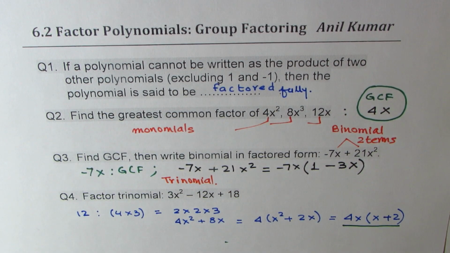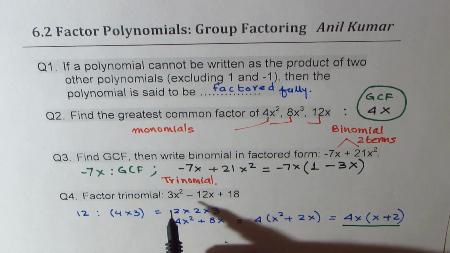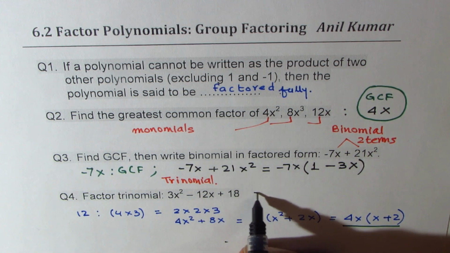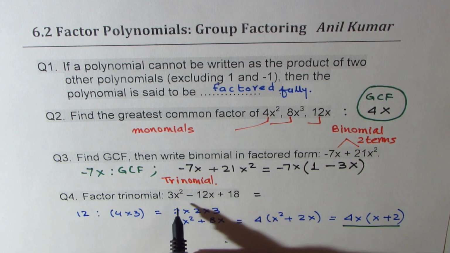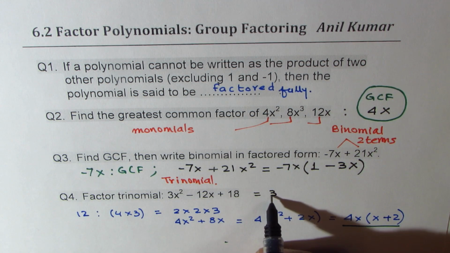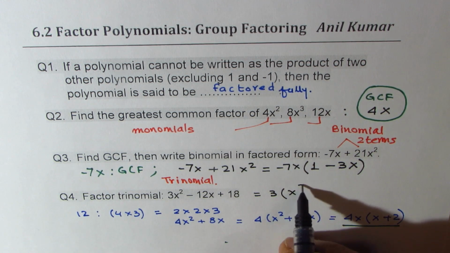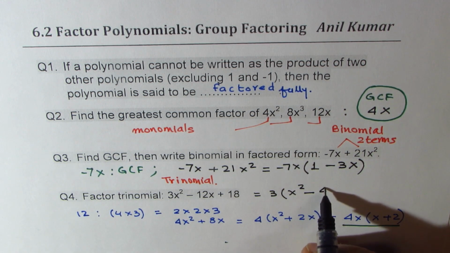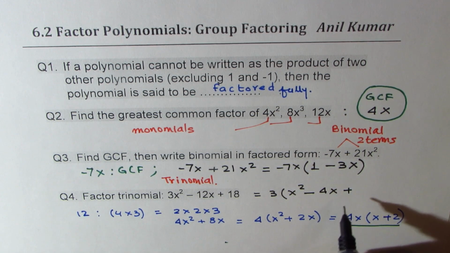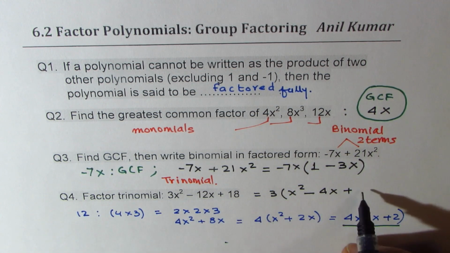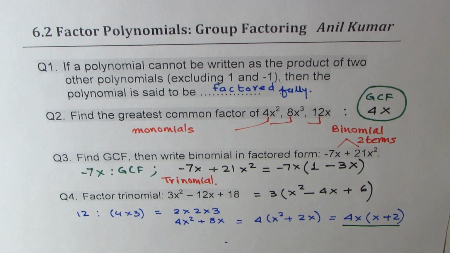Okay, so let's continue. We need to factor the given trinomial. So here 3 is common, as you can see, but nothing else we can take common. So we'll just take 3 as common, and we are left with x squared minus 4x plus 6, since 18 divided by 3 is 6. So that becomes the factored form of the given trinomial.